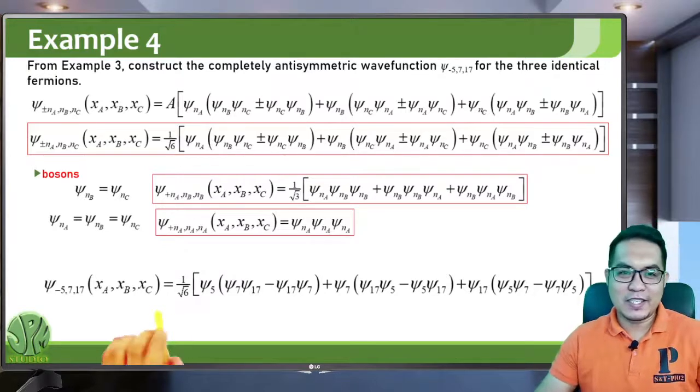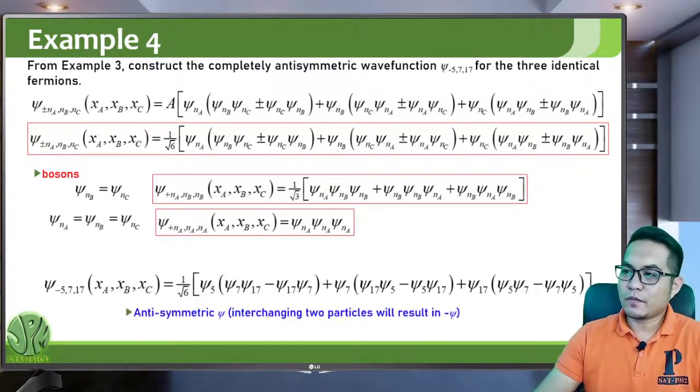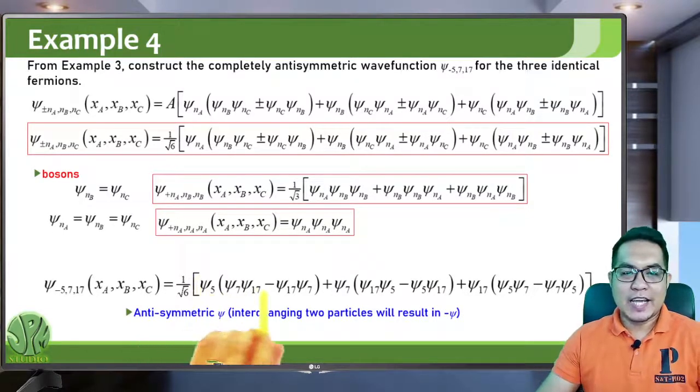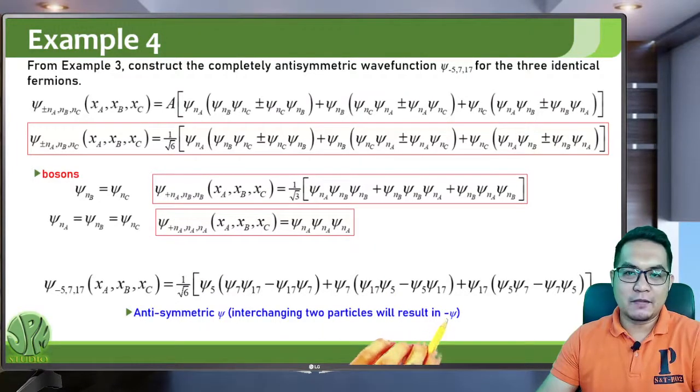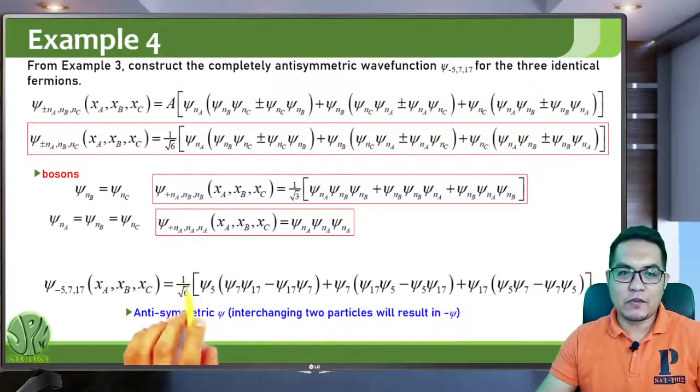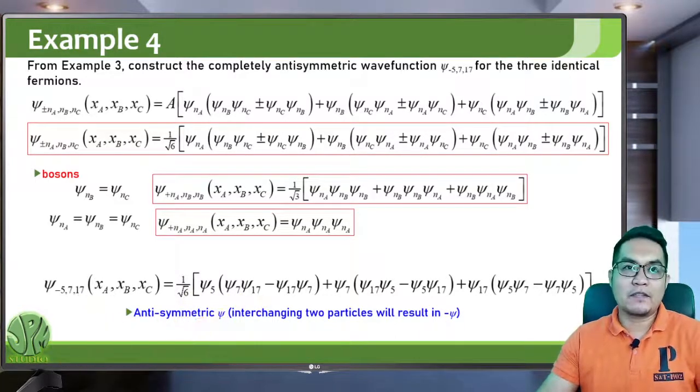So this answer is already enough. Okay. By the way, as a note, this wave function is anti-symmetric. So if you interchange two particles, this will result in a negative wave function. For example, if you interchange 7 and 17, you will get negative psi.